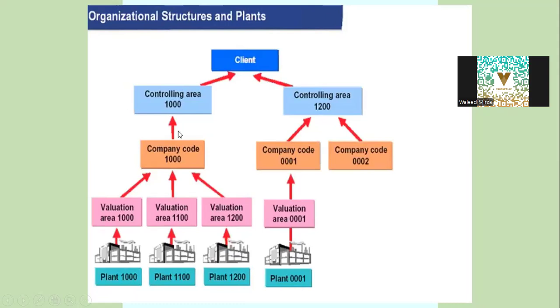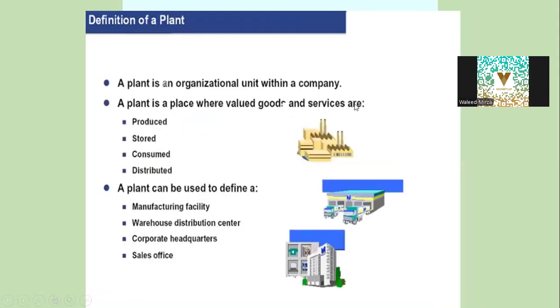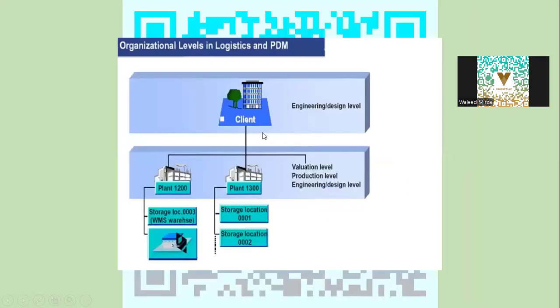Now, what is the criteria that a controlling area can have multiple company codes? It can have this company code, but not this one. We'll see that later. Plant is an organizational unit. A plant is a place where valued goods are produced, stored, consumed, and distributed. Plant can be used to define a manufacturing facility, warehouse, corporate headquarters, sales office.